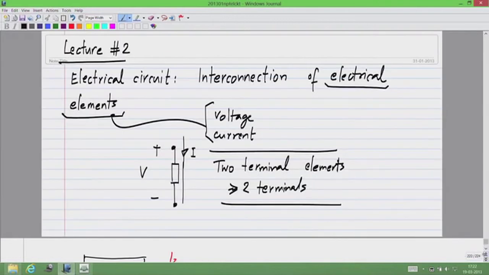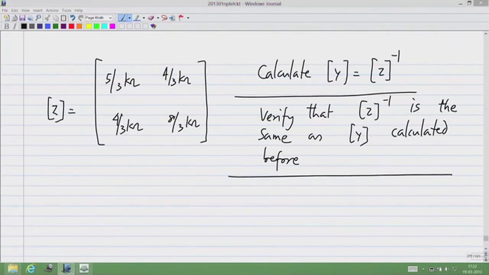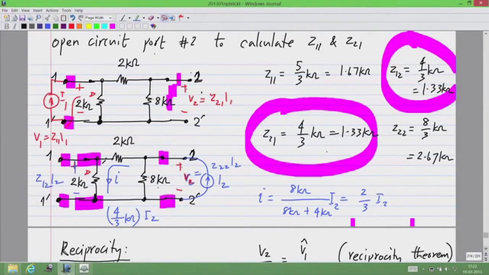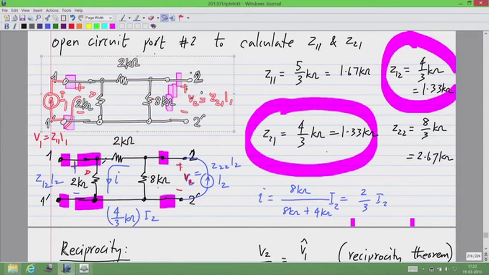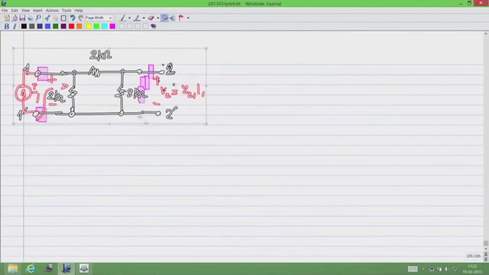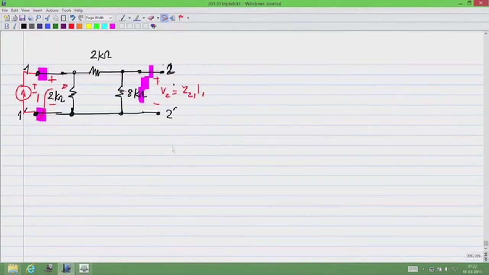So again, I would encourage you to calculate H parameters of this network.